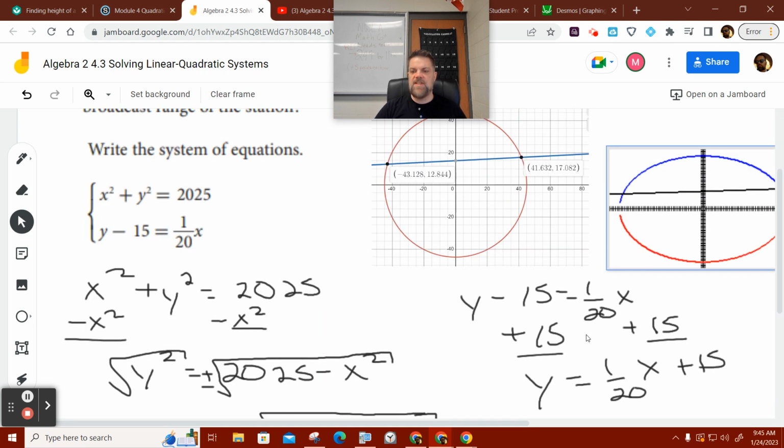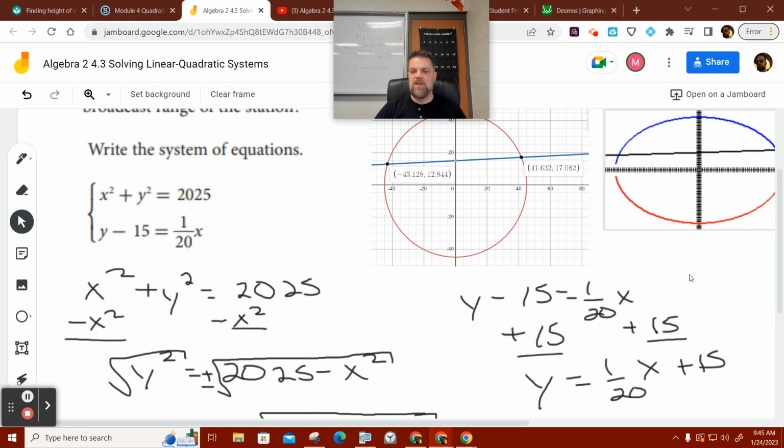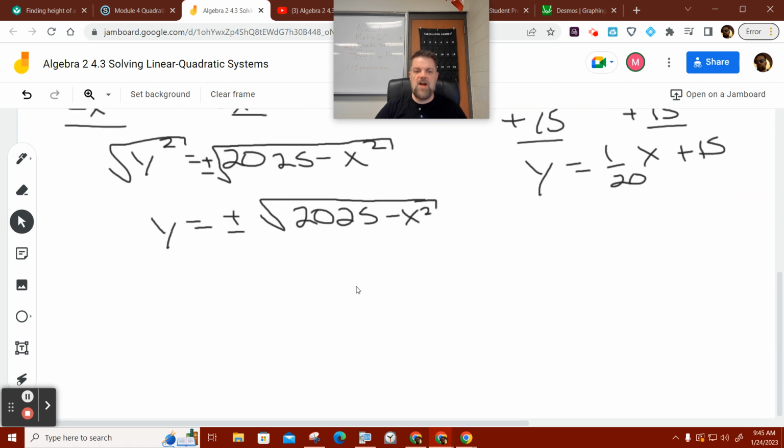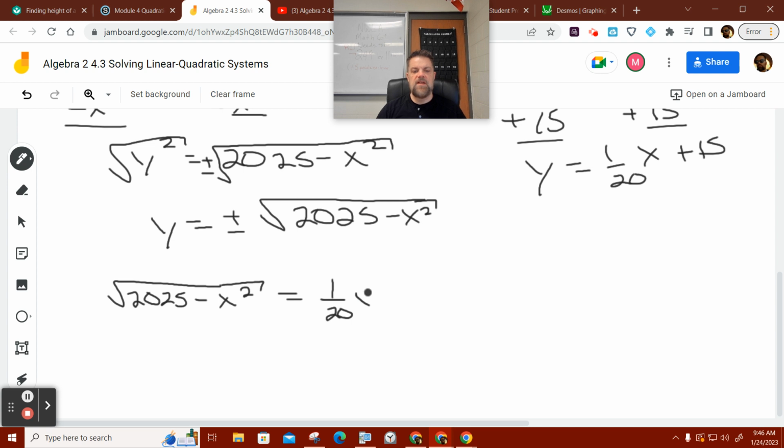But now we could solve this algebraically, right? We could use the calculator to find this. It's going to be the same answer as these, but let's see what those are when we set them equal to each other. Now, here's the tough part. I've got to do two of these. I've got to do the positive square root of 2025 minus x squared is equal to 1 over 20 x plus 15.